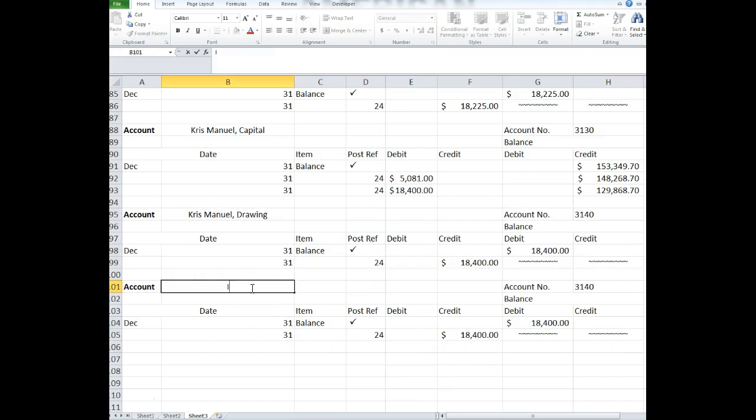Okay, here's gonna be the fun part. Income summary.